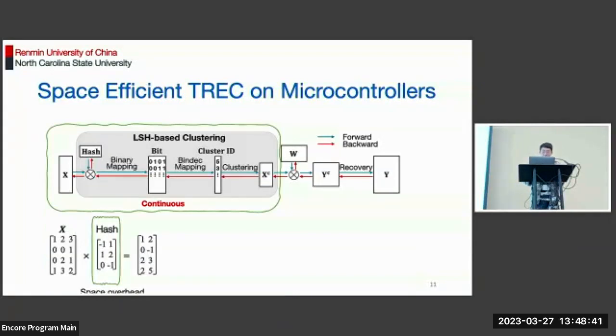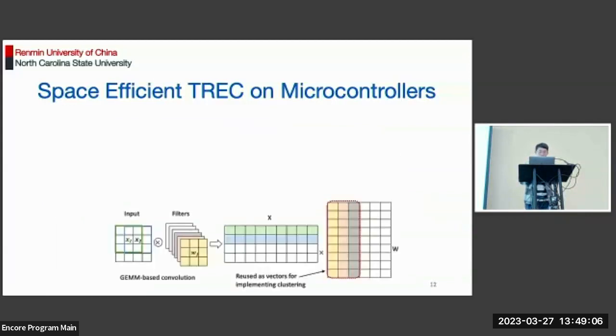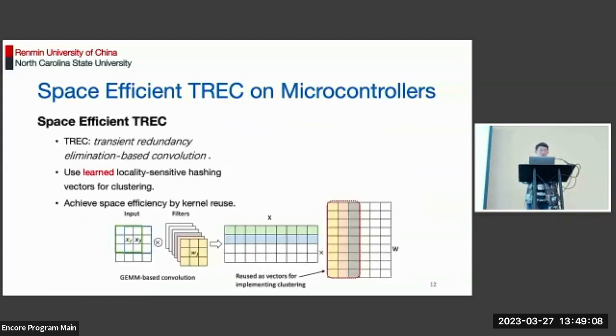However, TREC does not consider space efficiency. Actually, it increases the space usage substantially due to the extra space needed to store the hashing vectors and the cluster indices. This brings a heavy burden for the device in terms of space usage. To achieve space efficiency, we deployed a method called kernel reuse.